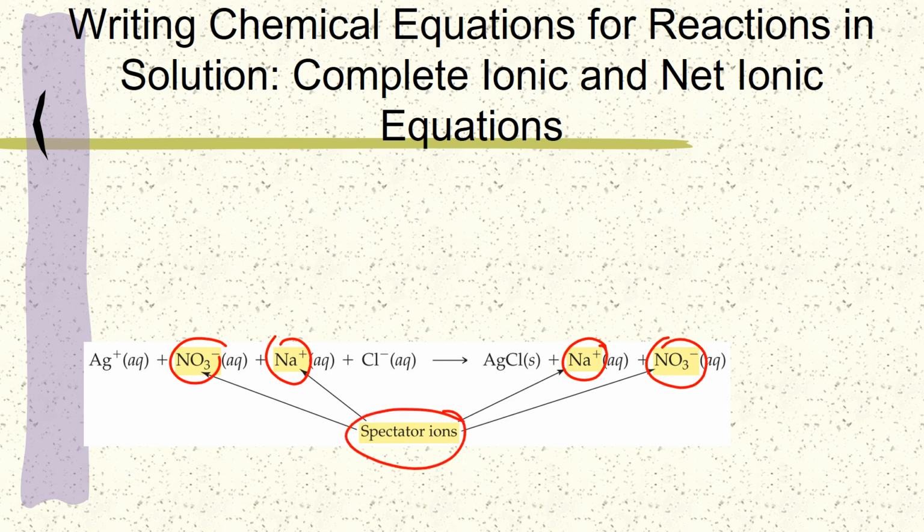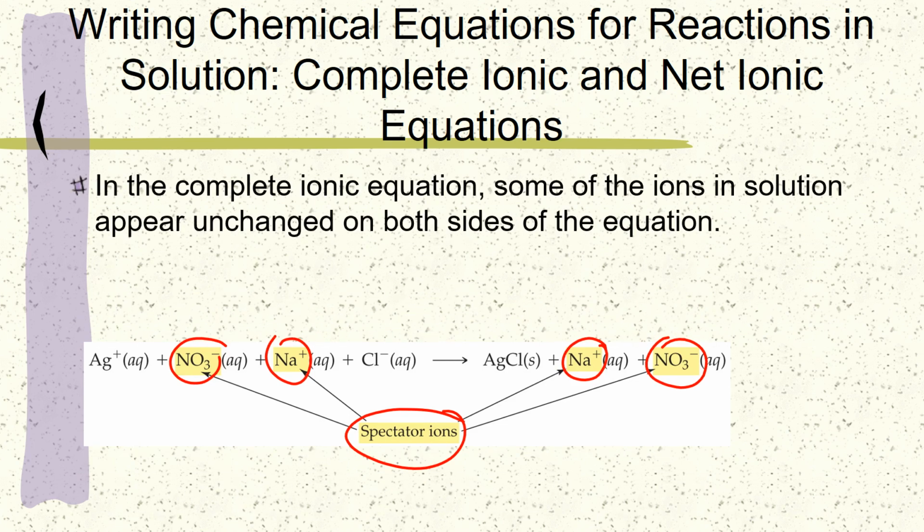They're just watching what's happening. When we talk about a net ionic equation, it removes the spectators. Anything that's not going to change in the reaction gets pulled out. The only things that actually participate are the silver ion and the chloride ion, to make silver chloride.